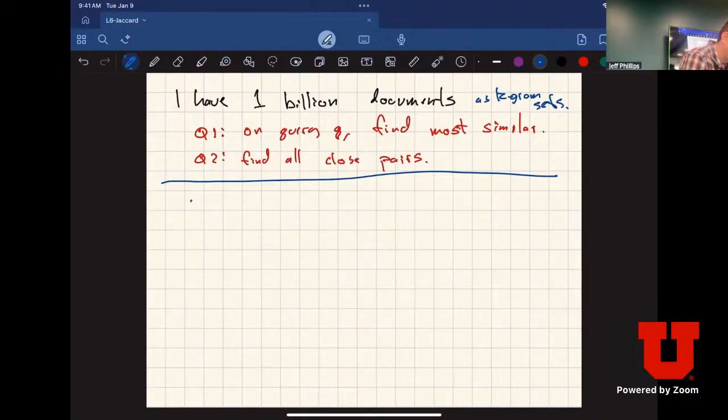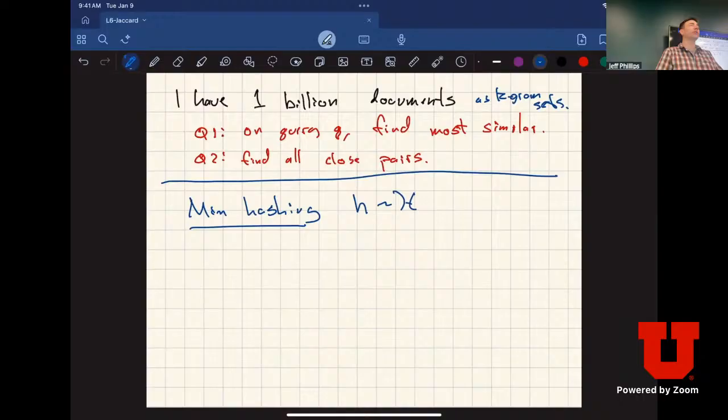Okay, so minHashing. What this is, it's going to choose a hash function from some hash family, just like we talked about hash functions in the second lecture of the semester.